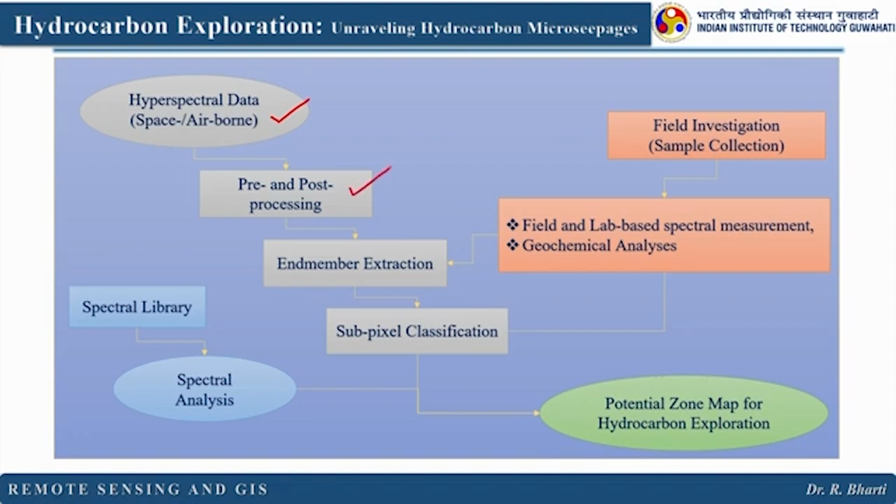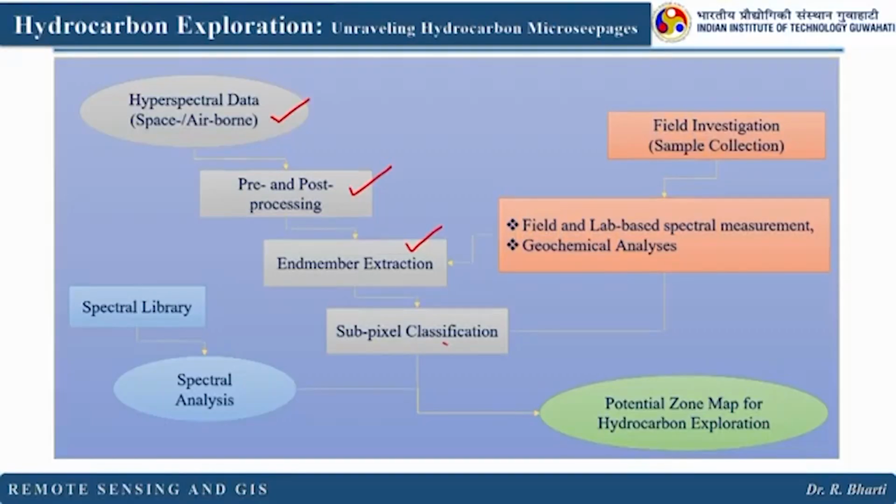Then these data sets need to be pre-processed and corrected for all the errors. Once you are confident that all the errors have been removed, you can perform the end member extraction, and once you do that, you can perform the classification, and that will give you the classified image with respect to those end members, right?